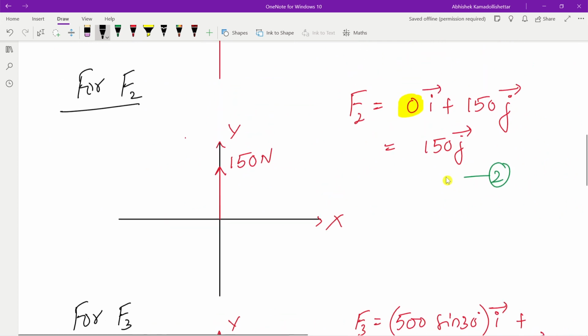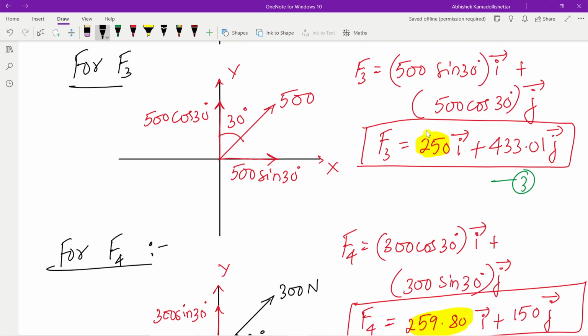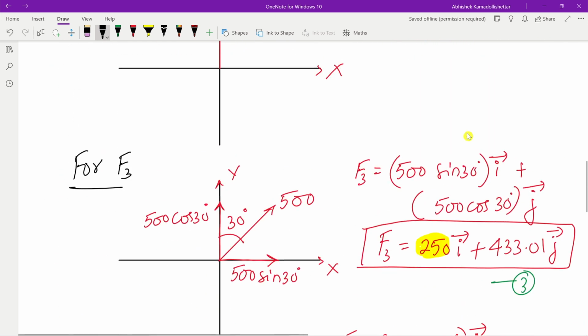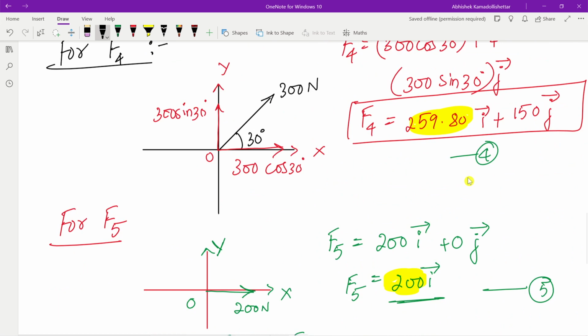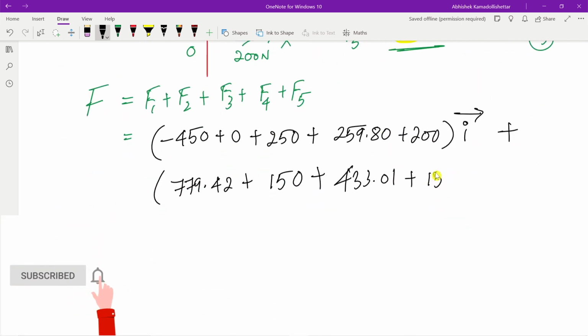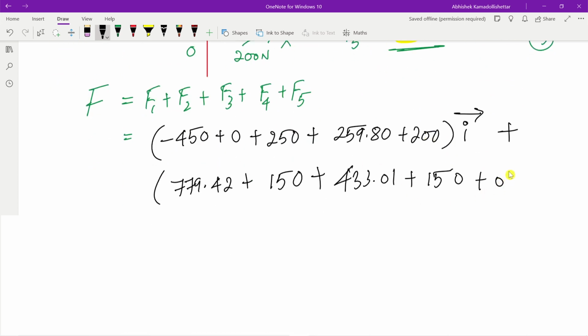In case of j, we have 150 plus 150 plus 150 plus 433.01 plus 433.01, and the last one plus 150 plus 150. Lastly, we don't have anything, but for indication purposes write 0 into vector j.